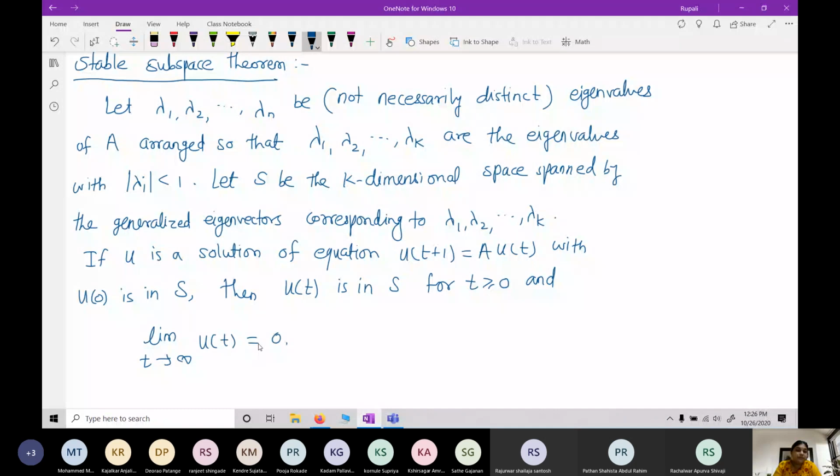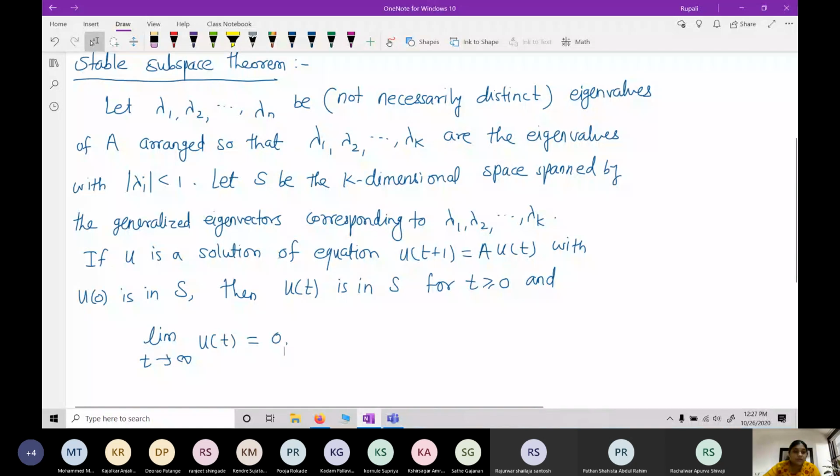Read the statement carefully. It says let lambda 1, lambda 2, up to lambda n be, not necessarily distinct, eigenvalues of A arranged so that the first k eigenvalues, which we have rearranged, have modulus of lambda less than 1. The remaining we have kept after lambda k. And let S denote the k-dimensional space spanned by the generalized eigenvectors corresponding to lambda 1 up to lambda k. So this S is the stable subspace here.